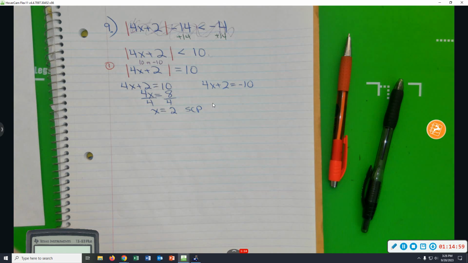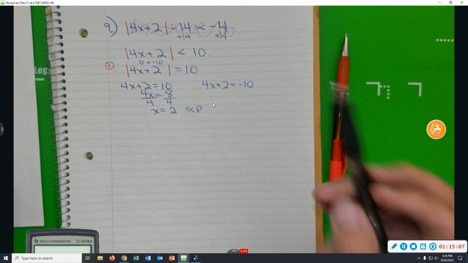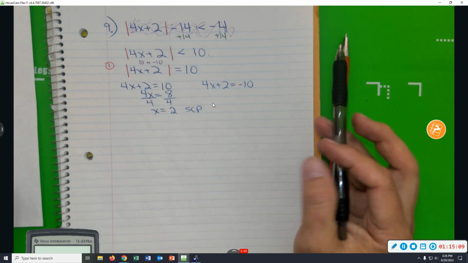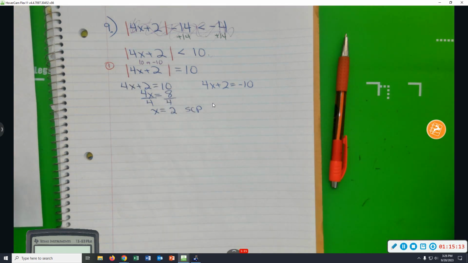Are y'all caught up? This is the same stuff that we were doing the last time. Equal positive, equal negative. How do we know to do that? Well, it's an absolute value equation. That's how you solve absolute value equations.